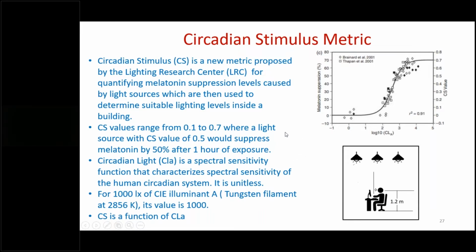They also define the circadian light, which is CLA, a spectral sensitivity function that characterizes the spectral sensitivity of the human circadian system. This is a normalized quantity and it's unitless. The way it's been defined is that for 1,000 lux of CIE illuminant A, which is just a tungsten lamp at 2,856 K, its value is 1,000.